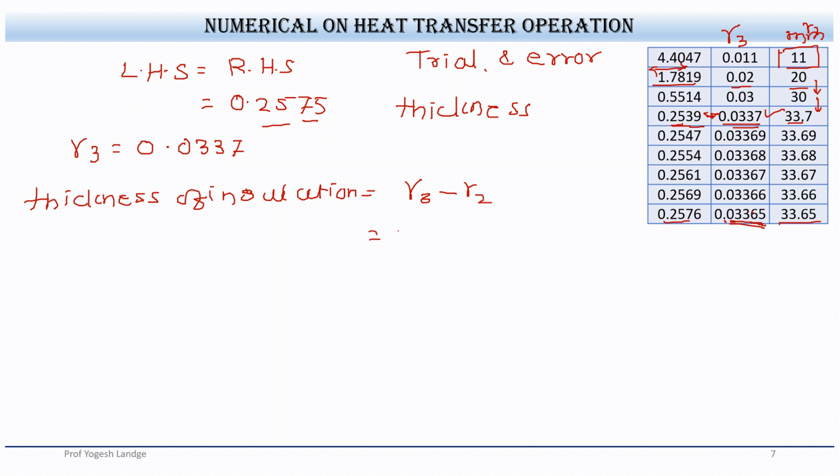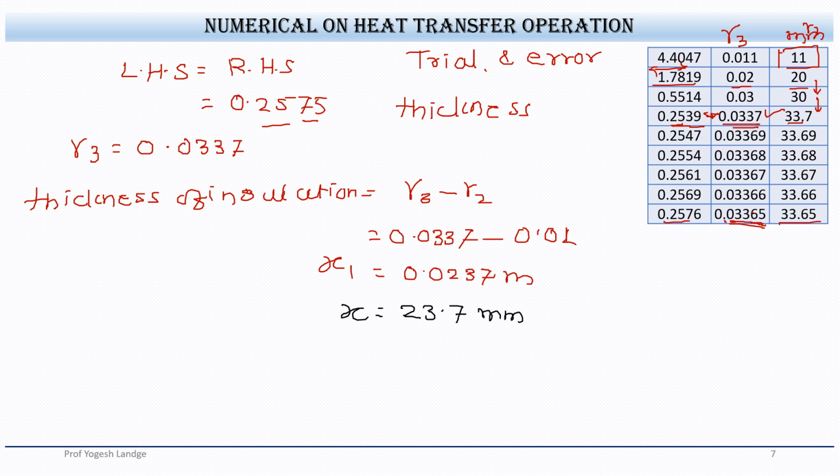It is 0.0337 minus the radius of this pipe, 0.01. So the thickness of insulation X1 is around 0.0237 meter, and converting into millimeter, it is 23.7 millimeter. So this is the thickness of the insulation. This is the first answer.